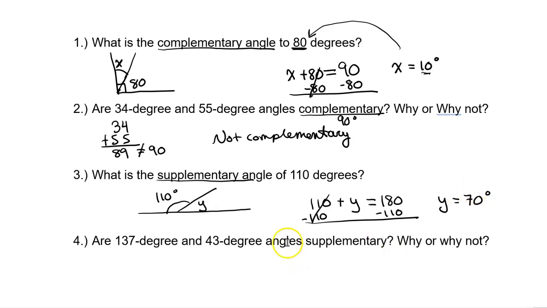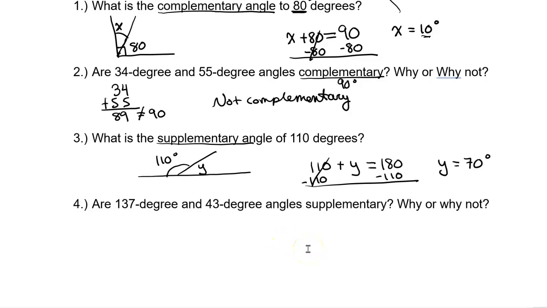So number 4, go ahead and pause the video if you haven't been doing so already and try this one, and then I'll go ahead and do it for you. So here we're given 2 angles. Again, the key word is supplementary, so we know that it needs to equal 180 degrees to be supplementary. So it says, are 137-degree and 43-degree angles supplementary?